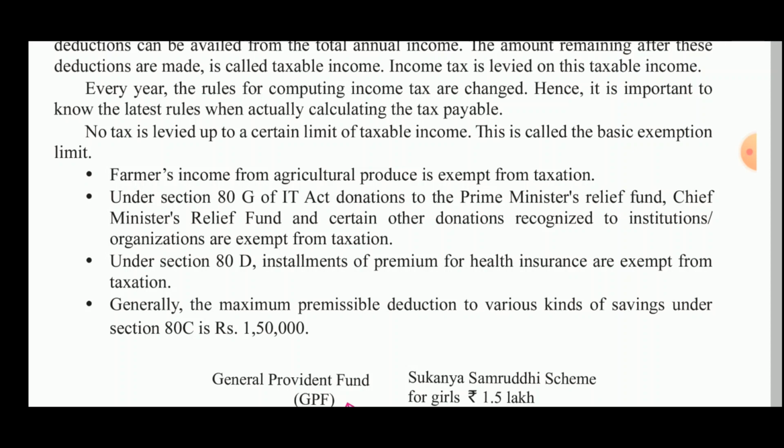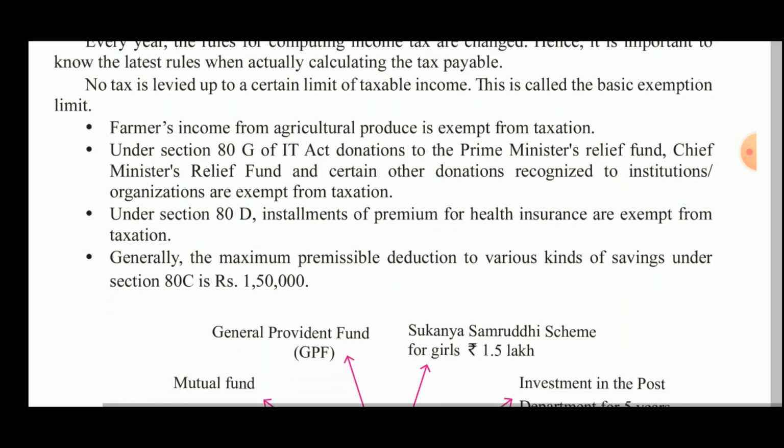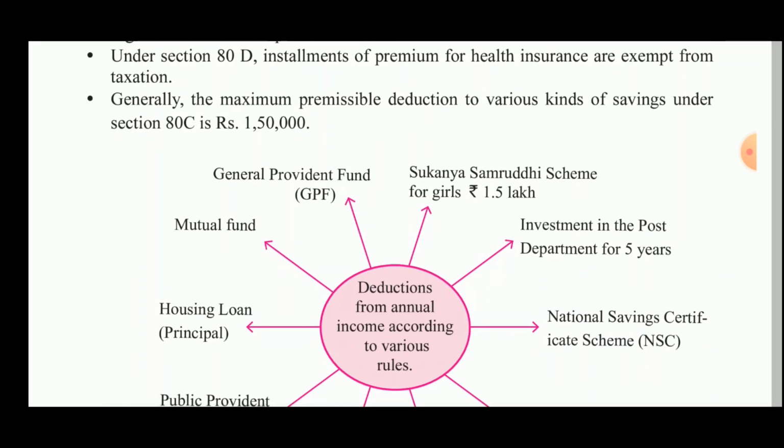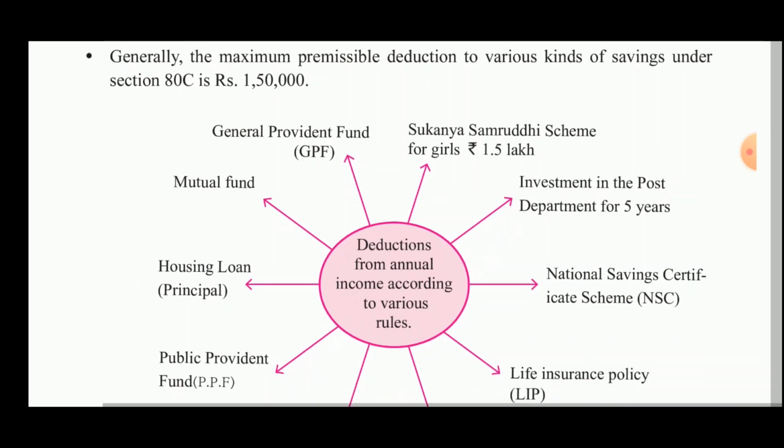Under Section 80D, installments of premium for health insurance are exempt from taxation. Generally, the maximum permissible deduction to various kinds of savings under Section 80C is 1,50,000. Now this has all changed, but this chapter will calculate with respect to the 1,50,000 only.